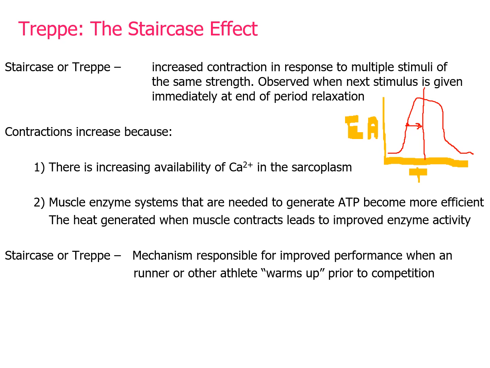Improved performance occurs because of these two mechanisms operating in muscle that has been warmed up by continual stimulus, and can be demonstrated by stimulating the muscle immediately at the end of the period of relaxation. And it looks as shown.